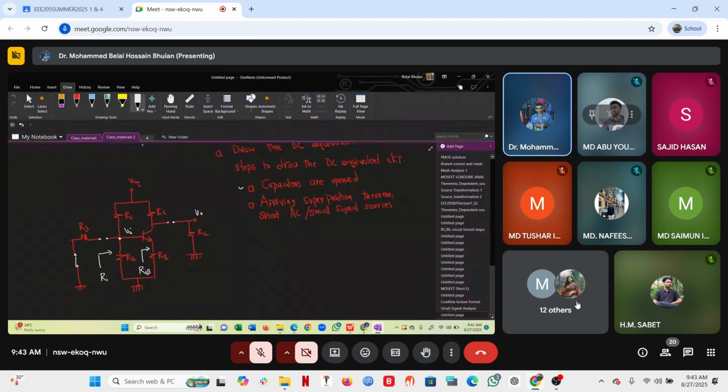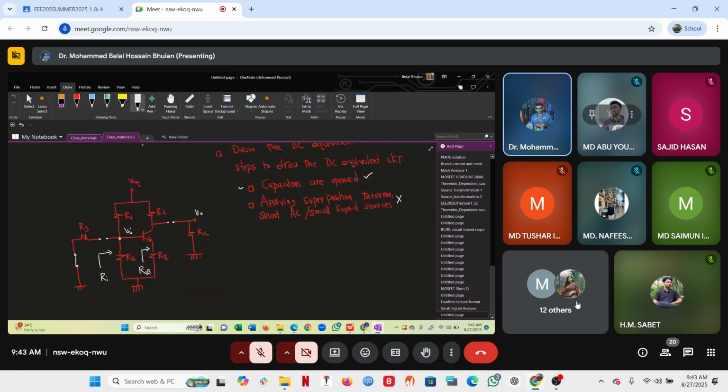So it's not necessary to apply superposition theorem, because as long as you open the capacitors, it doesn't matter whether you keep the signal source or short it.